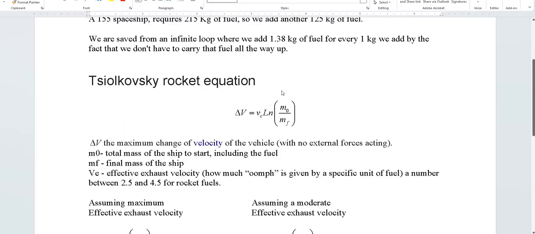But the problem with space travel is that it takes a lot to escape the bonds of Earth. 90% of the energy that they used to go to the moon and back and land was used up in getting outside of Earth's gravity.